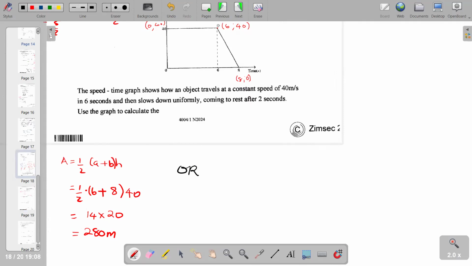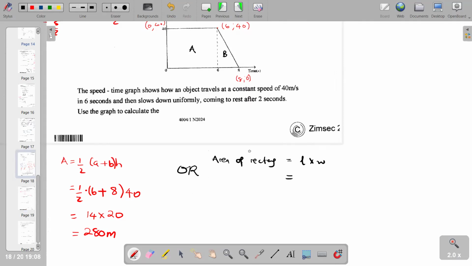We can divide this shape into 2. That is shape A and shape B. If you check A, it's a rectangle. How do you calculate the area of a rectangle? Area of a rectangle, we know, is equal to length times width.